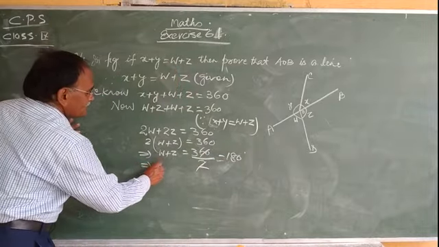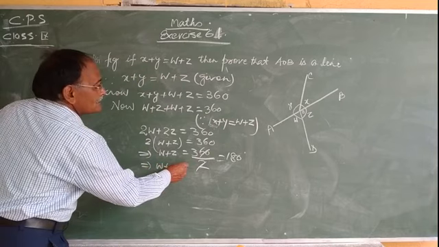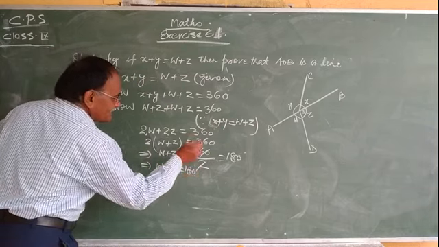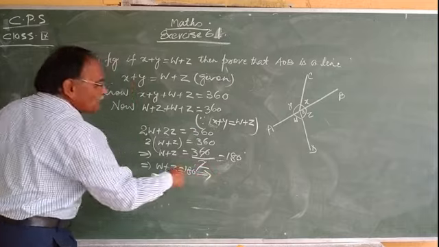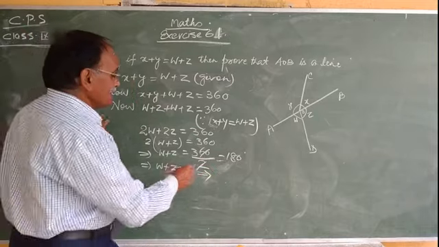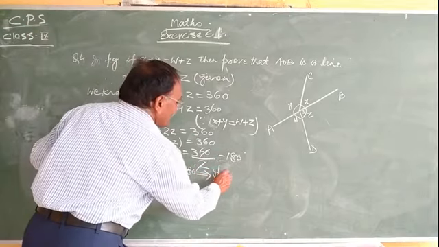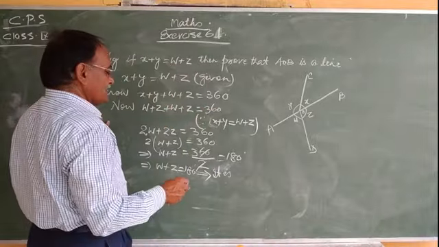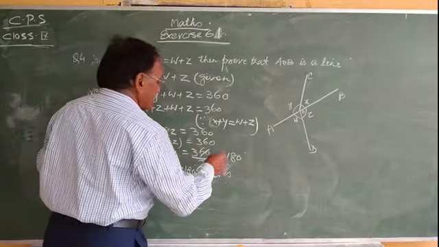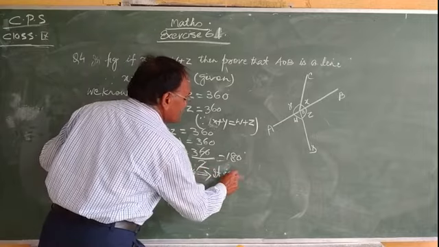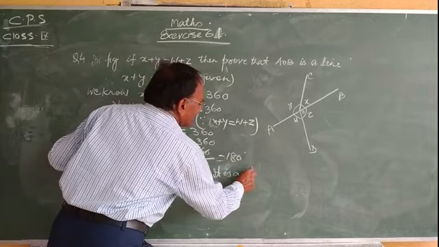This implies w plus z is equal to 180 degrees, and this also implies it is a straight line.